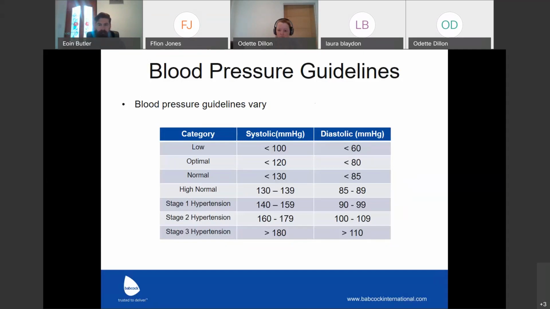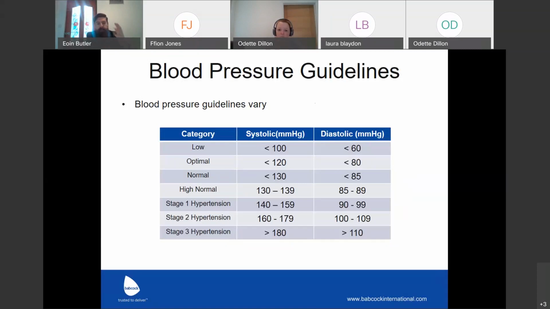Anybody? Go again. So instead of high normal, go to high. Okay, we can train them. Stage 1 hypertension is where we will be referring them back to their GP for some advice.